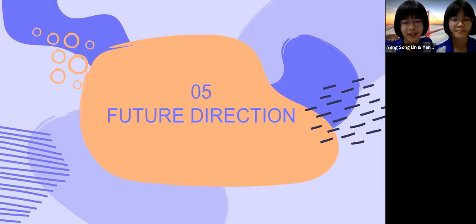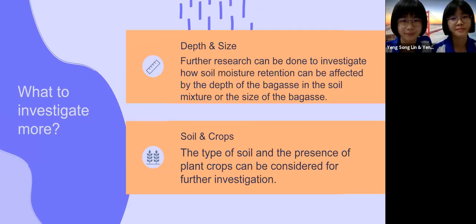Next, we would like to share our future direction, which is what we want to do in our future research. We would like to know how the depth of the bagasse in the soil mixture will affect the soil moisture retained. We also want to find out what size of the bagasse will achieve the optimum results we want, which is what size can retain the most water possible.